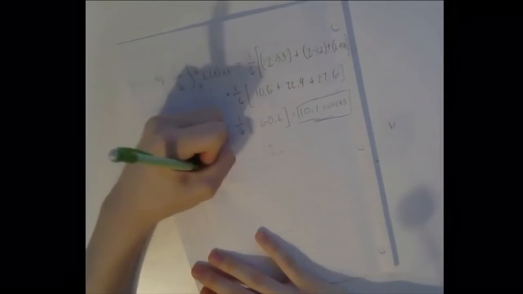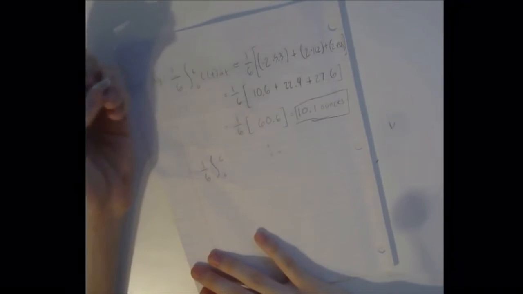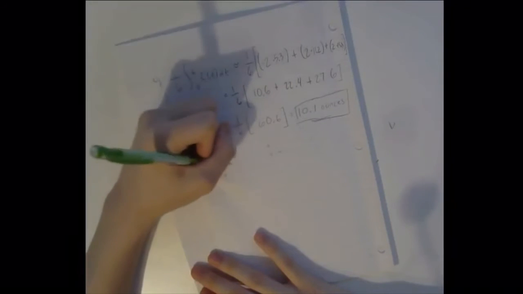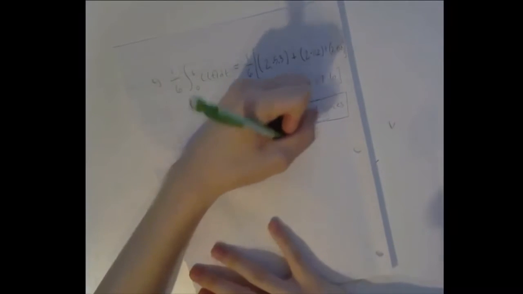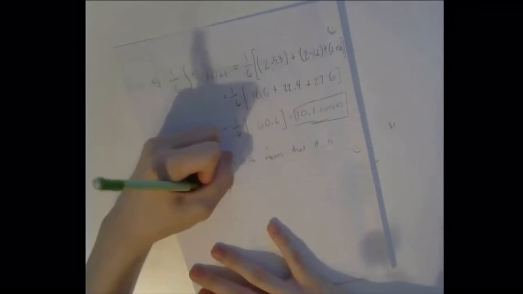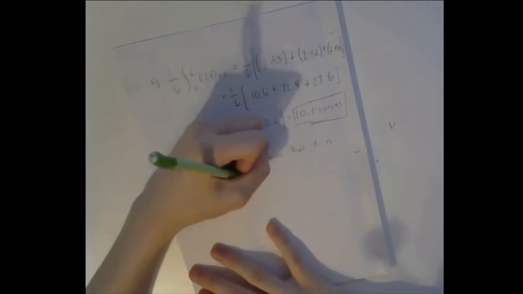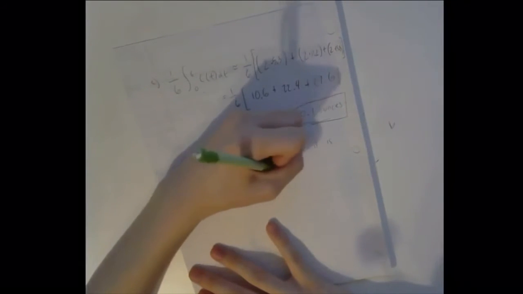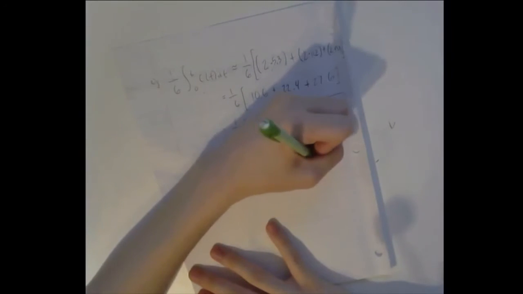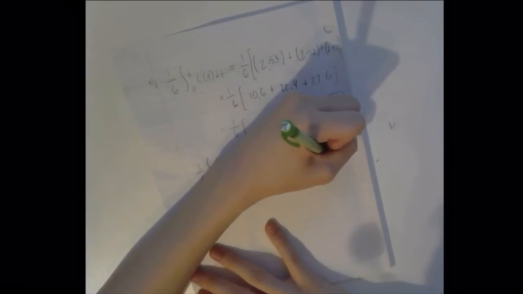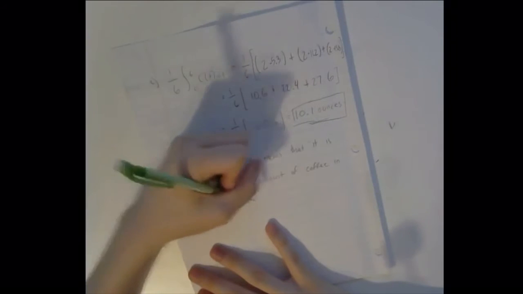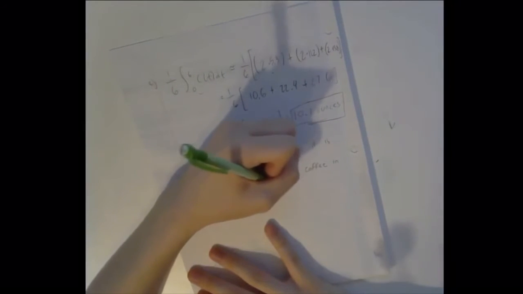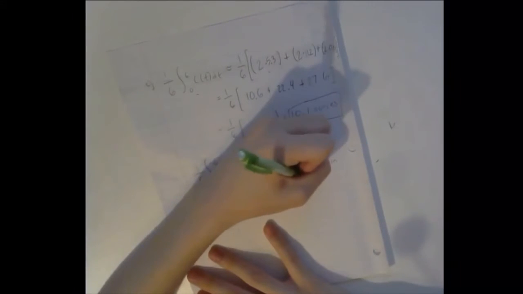So 1 over 6 times the integral of 0 to 6 of c of t dt means that it is the average amount of coffee in the time of 0 to 6 minutes.